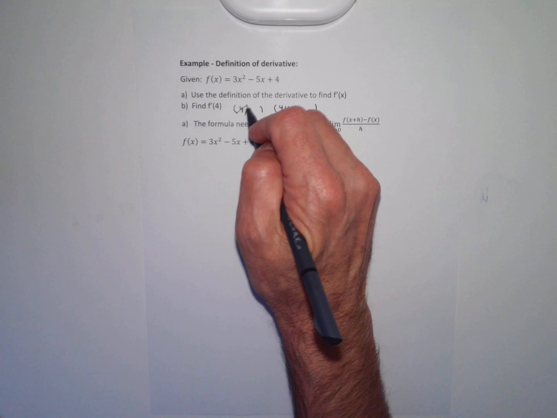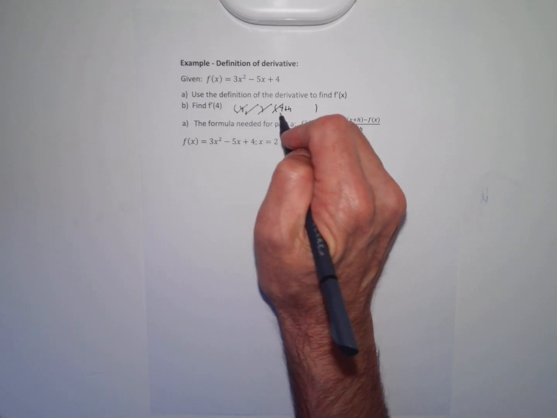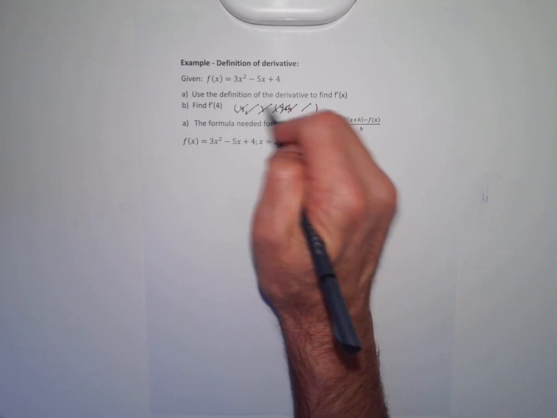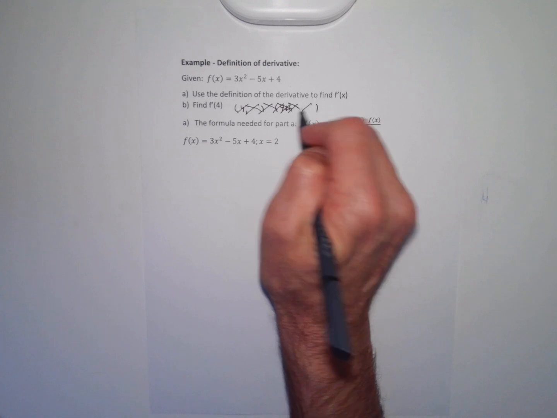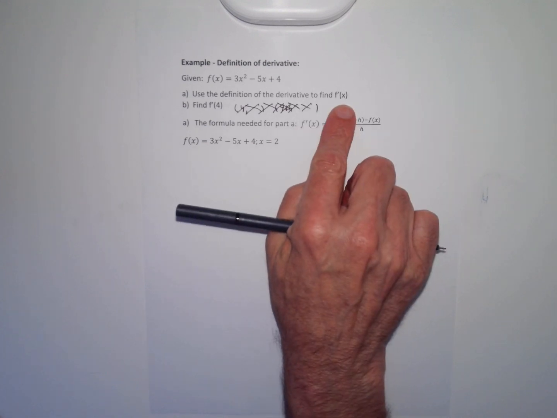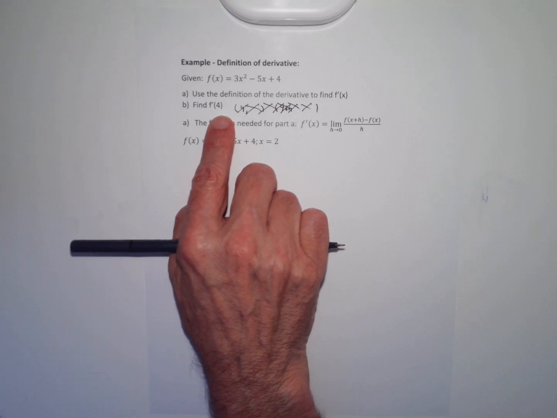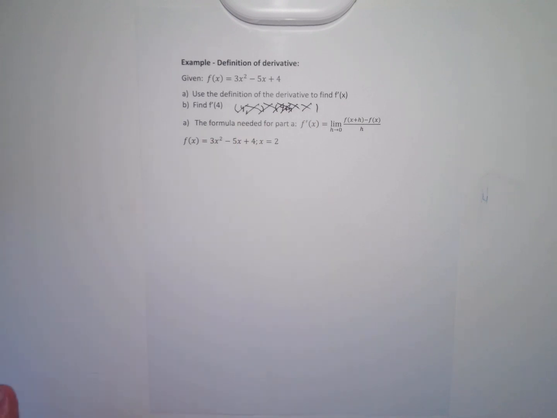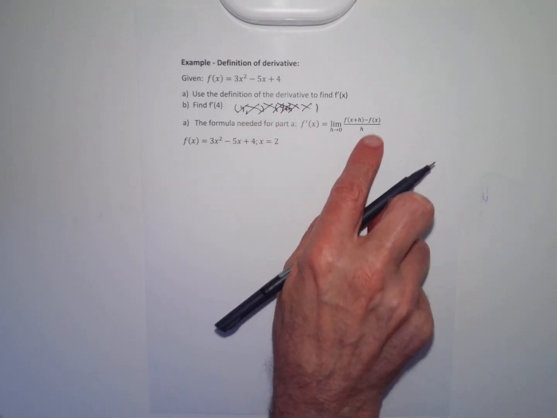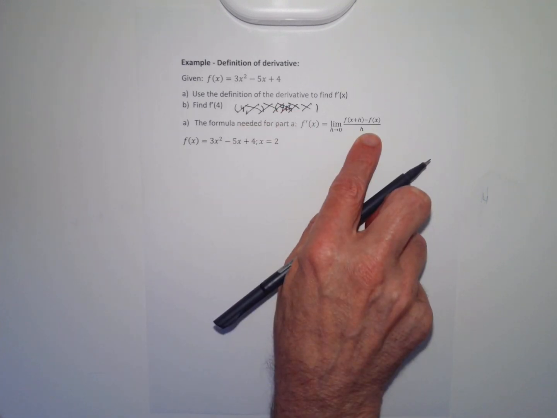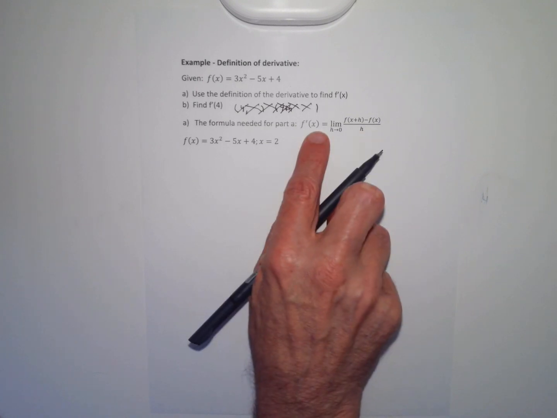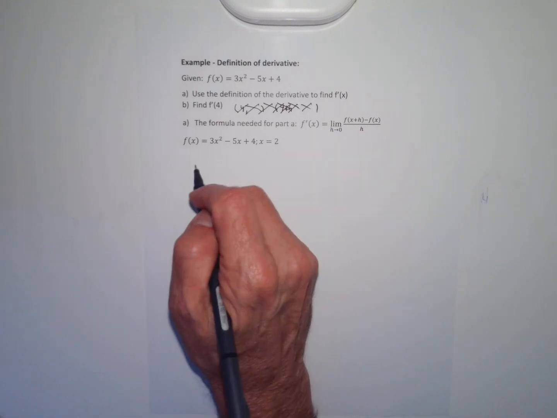In this section, we're going to do something that's more useful. I'm going to find the formula that allows me to find this value for any value of x by creating 2 points. So anytime I want to find an instantaneous rate of change, or a formula for the slope of a tangent line, or the derivative of a function, I create 2 points.